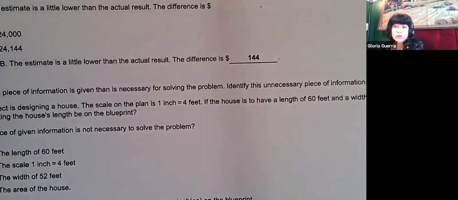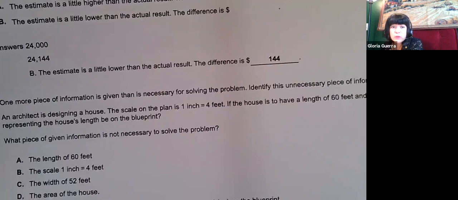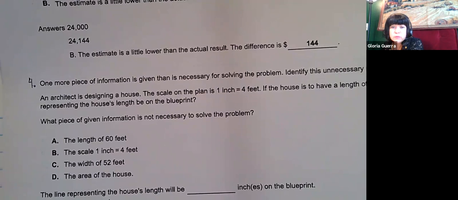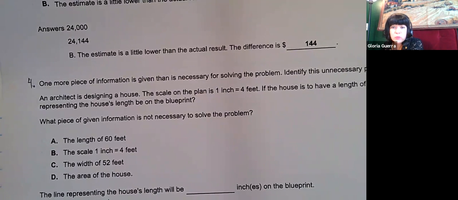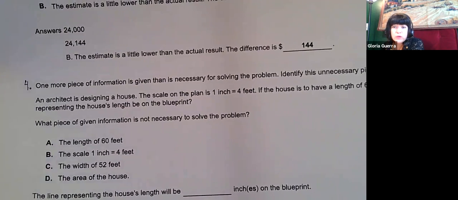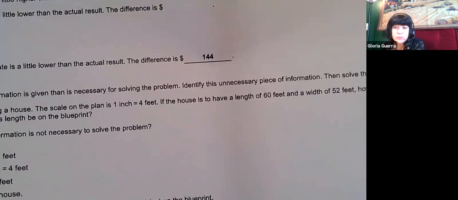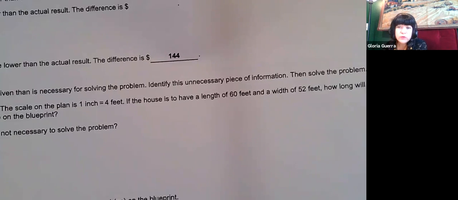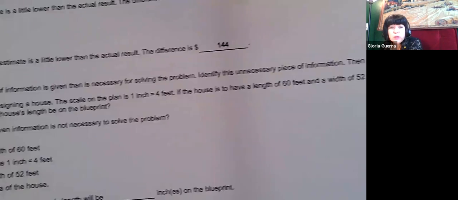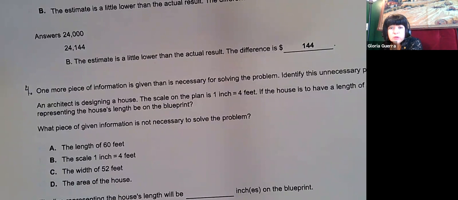Identify this unnecessary piece of info, then solve the problem. An architect is designing a house. The scale on the plan is 1 inch is equal to 4 feet. If the house is to have a length of 60 feet and a width of 52 feet, how long will the line representing the house's length be on the blueprint?